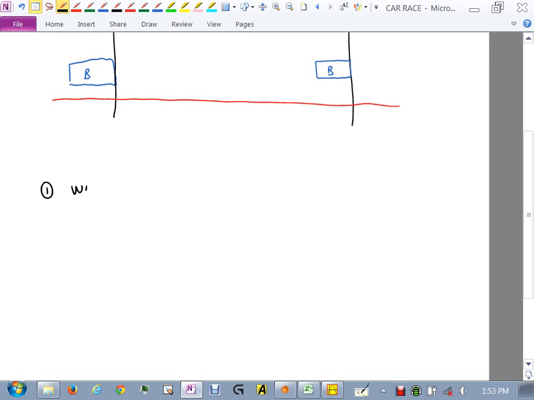Question 1. Was there ever a speed, or I should say, let me rephrase this. Is there a speed both cars had to go?